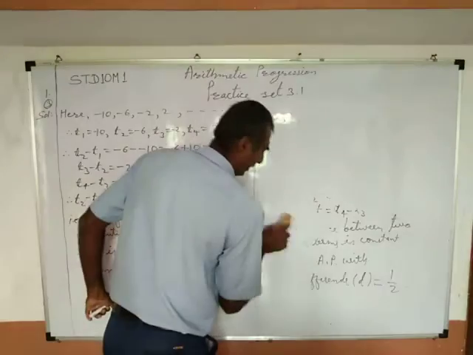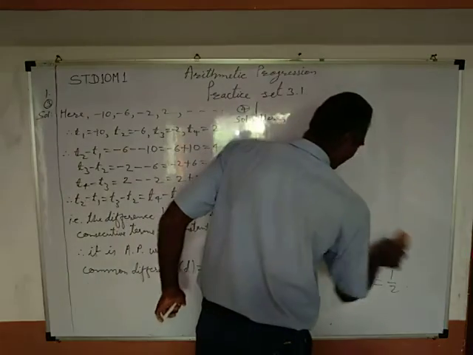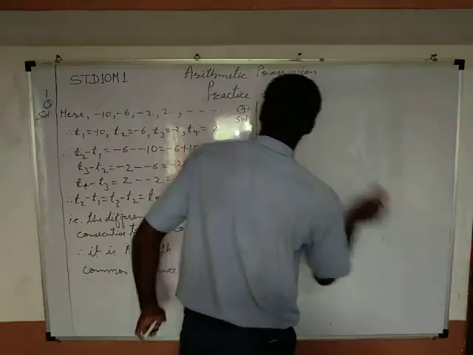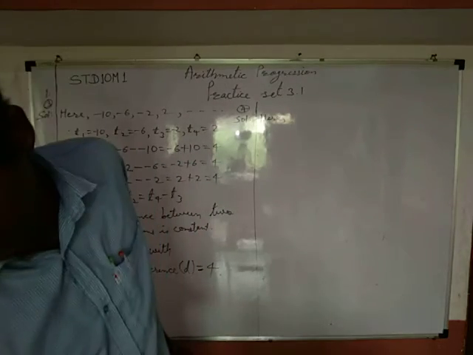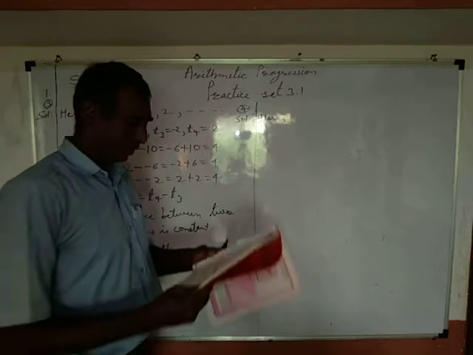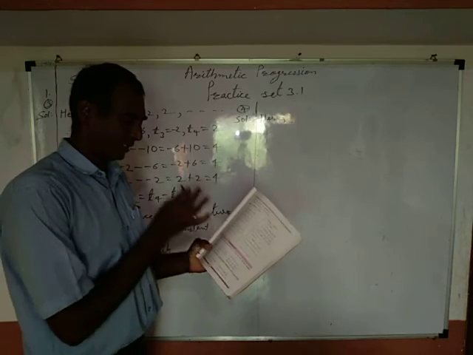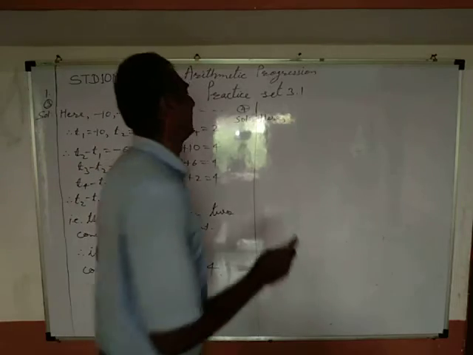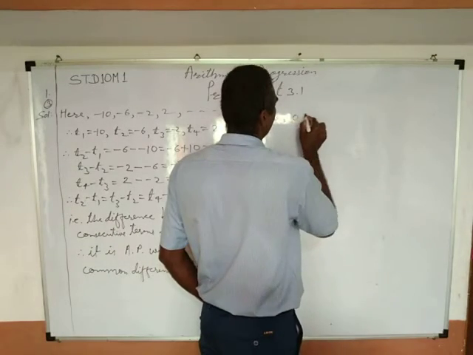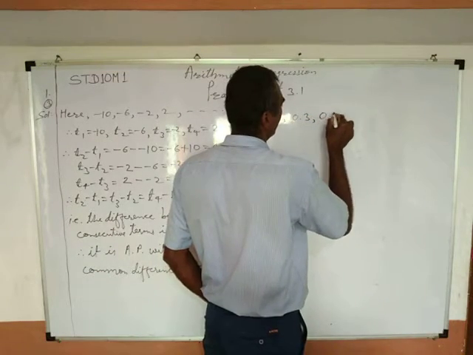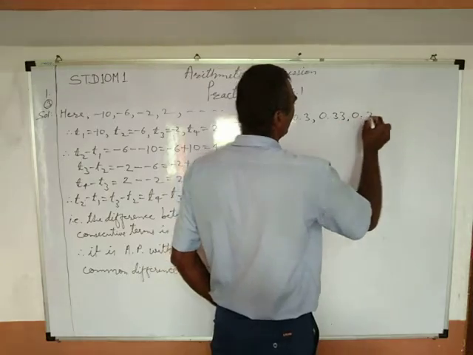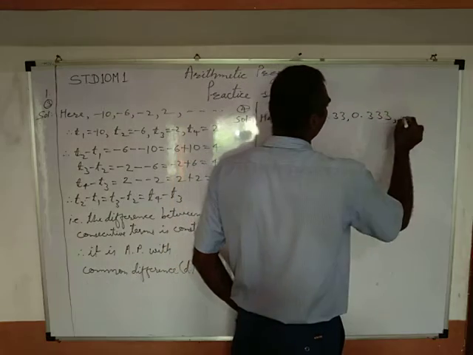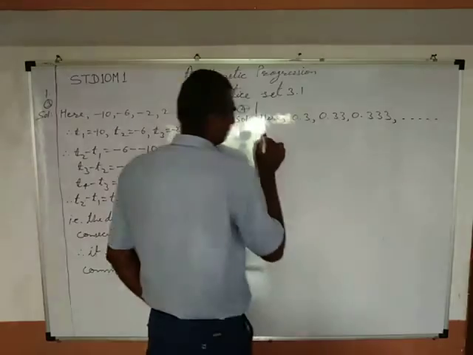Here given sequence is 0.3, 0.33, 0.333 and so on.